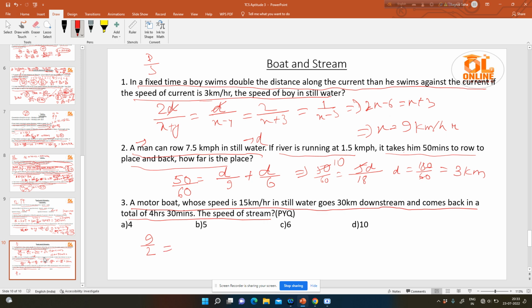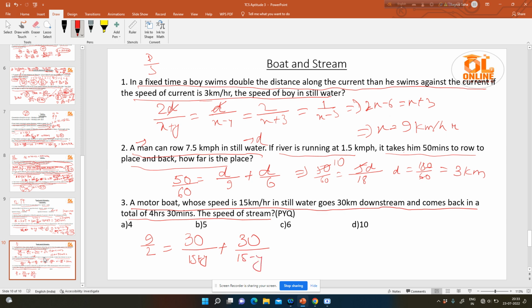A motorboat whose speed is 15 kilometer per hour goes 30 kilometers downstream and comes back in this time. So he goes 30 kilometer downstream, so 30 by x plus y, and x is given as 15, we don't know what y is. Same, 30 upstream by 15 minus y.